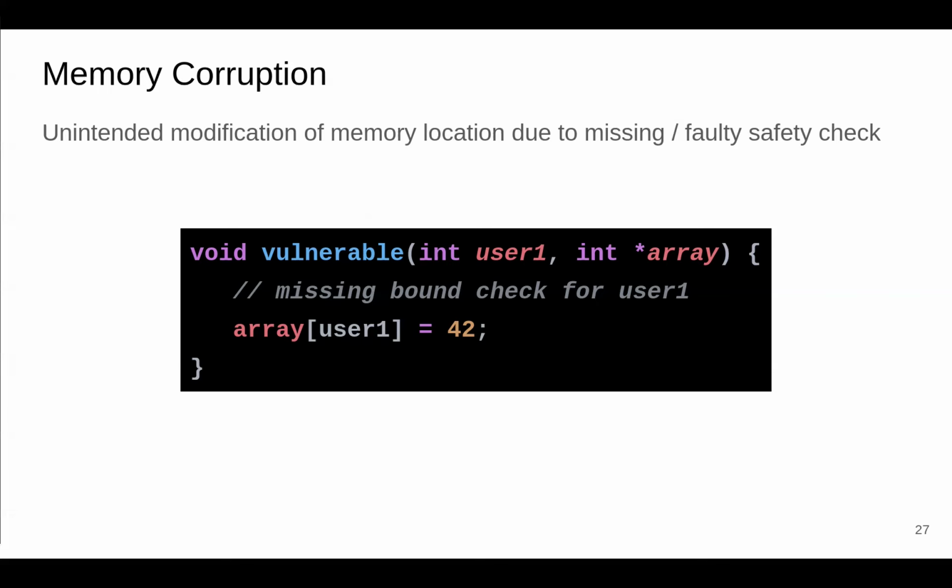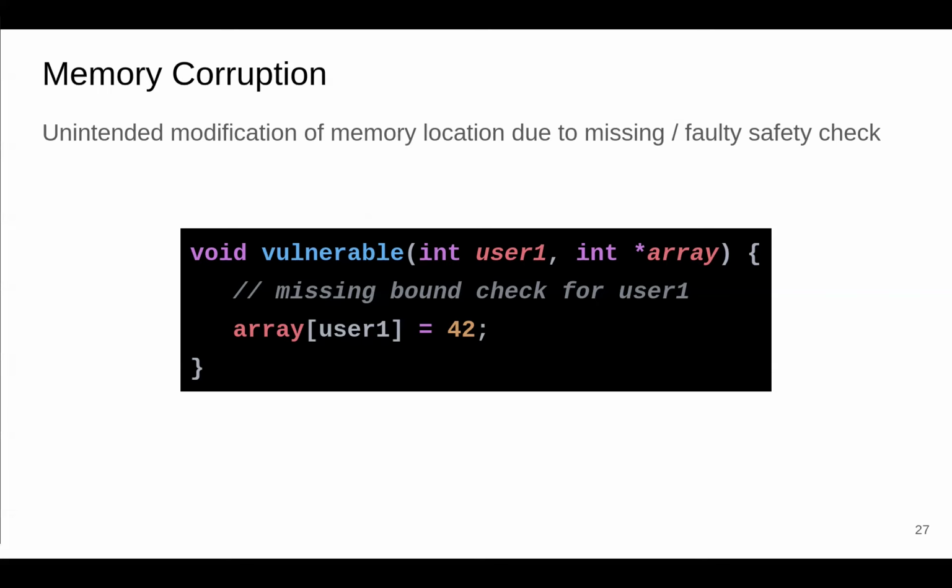If you're looking at this, let me visualize it. So we've got an array here, and if we supply user 1 as 0, we're accessing this element here.